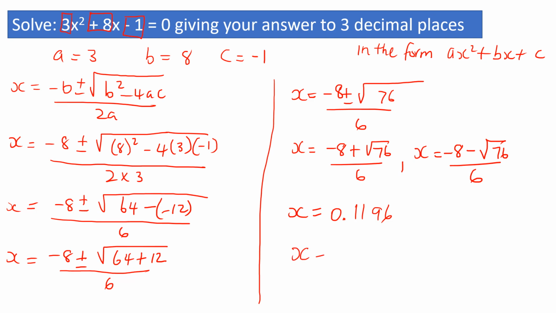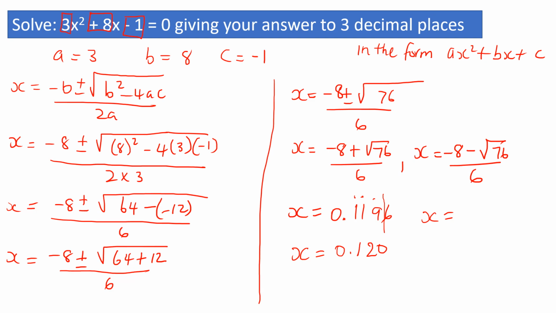I just want to review decimal places. I'm going to count 1, 2, 3. So that gives me 0.1, 19 plus 1, 20. Okay, now over here, x equals, plug this in the calculator, negative 8 minus the square root of 76, negative 16.717779 divided by 6.